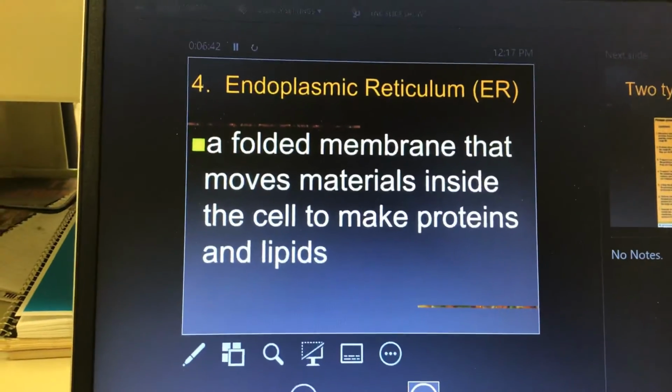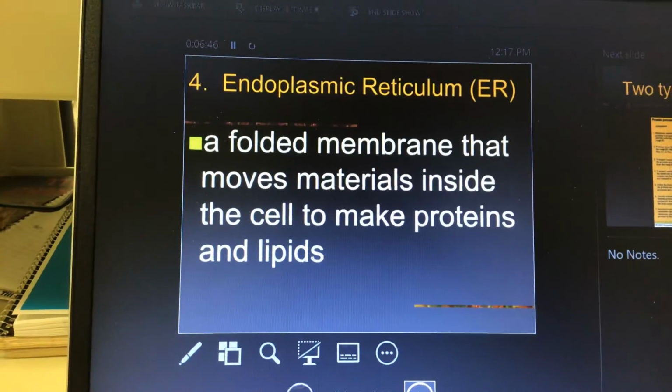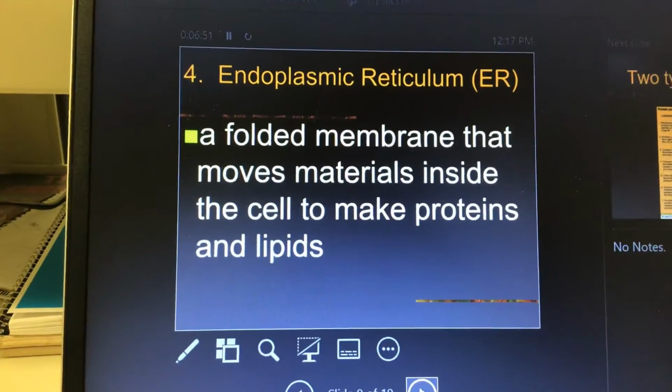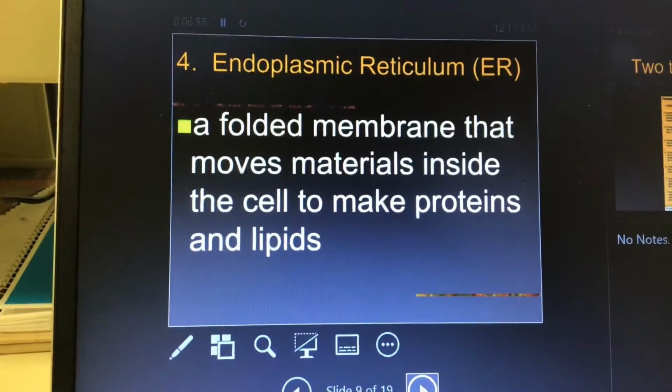You've probably heard of smooth and rough ER. But they're going to make proteins and lipids. Okay, proteins help build cells.